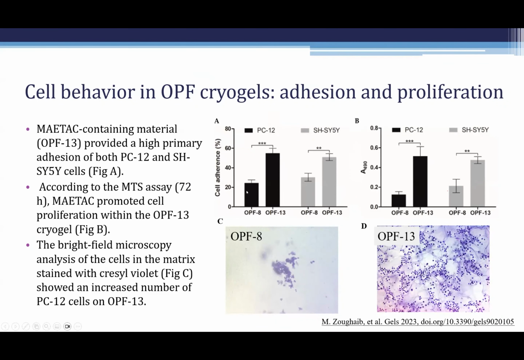And you can see clearly that adherence of the cells depends on the cationic monomer present in the cryogel, as well as the proliferation of the cells. And then below you see the images showing the number of the cells, which can be seen by simply staining with crystal violet and using an optical microscope.